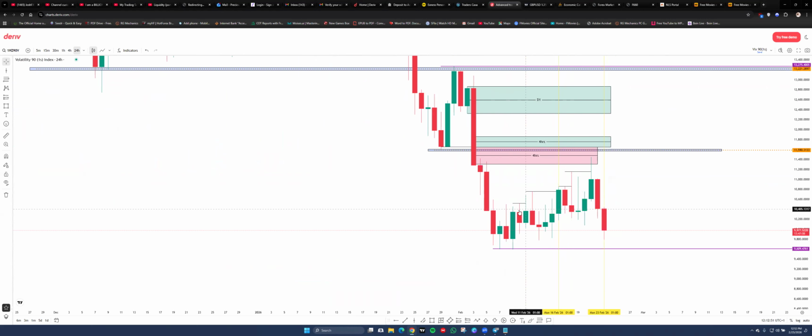But then we've seen a break of the structure of the first high, going back to the retest point. This is kind of like a consolidation, or rather, like a flag.